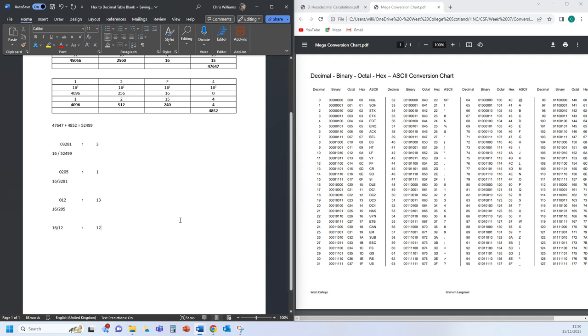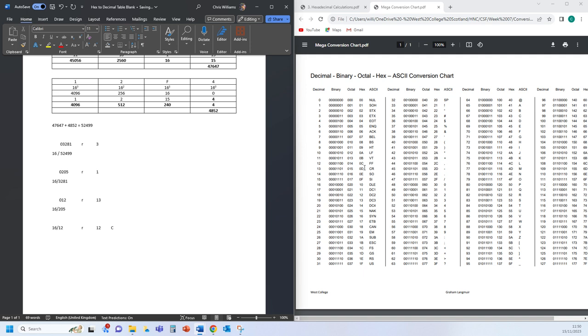What we then do is, starting from the bottom here, we take 12 in decimal, look over here, that gives us C. So that's C. Working our way up, we've got 13, go back over to the table, 13 in hex is not the one I'm after, it's 13 in decimal. See how easy it is to make a mistake.